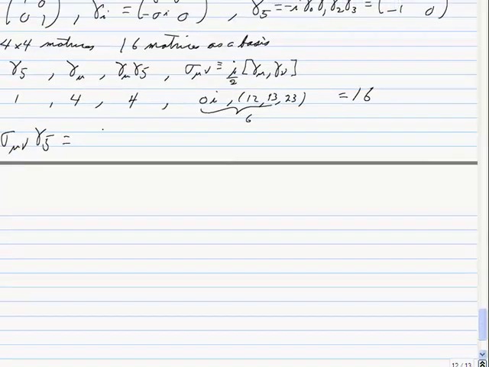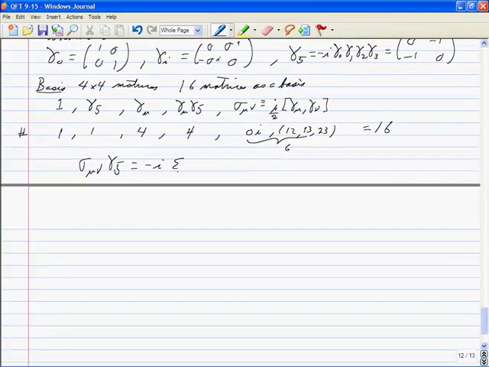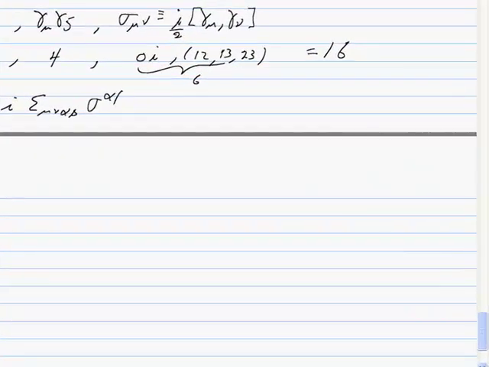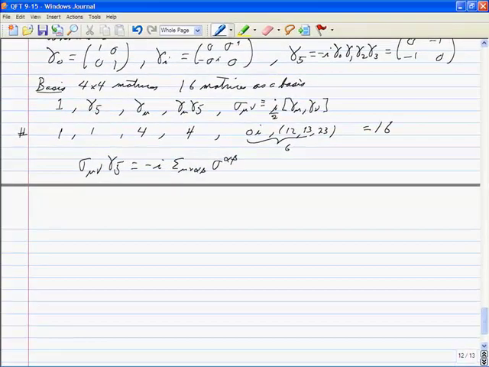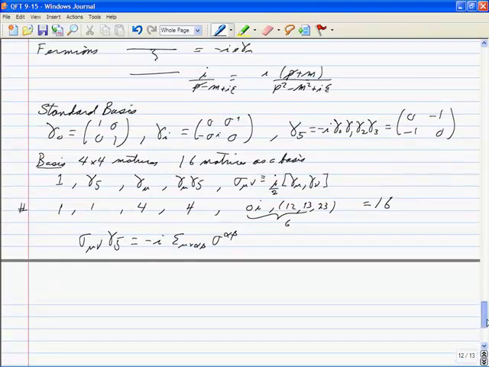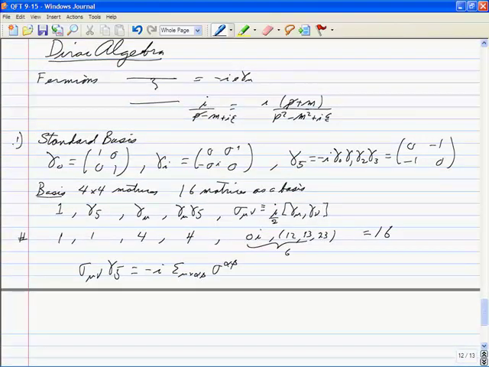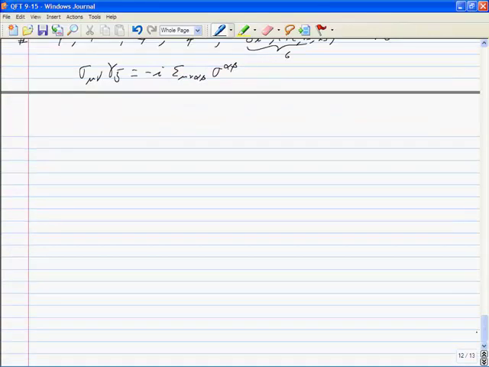It's minus i epsilon mu nu alpha beta sigma alpha beta over 2. So if I were to add this to the list, it'd be redundant, and I don't need it. Okay, so let's call that thing number 1. So we need to know that.